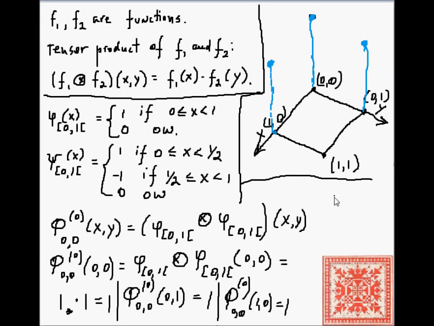Then finally, at the fourth corner, 1, 1, phi sub 0, 0 will also be 1. And everywhere else in this square, the value of this tensor product will be 1, so we're going to get this cube.